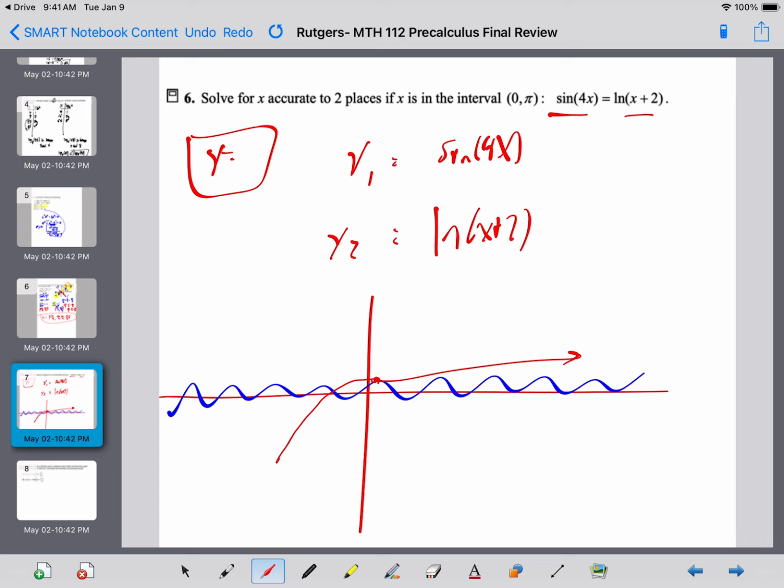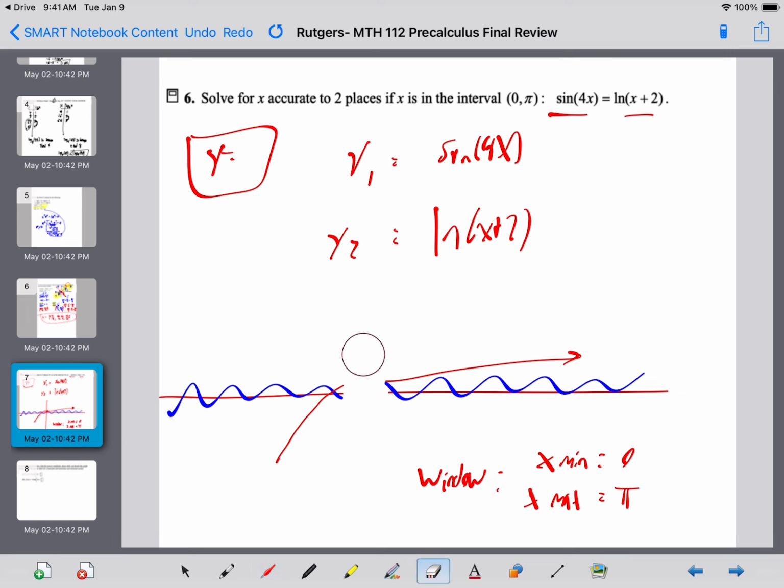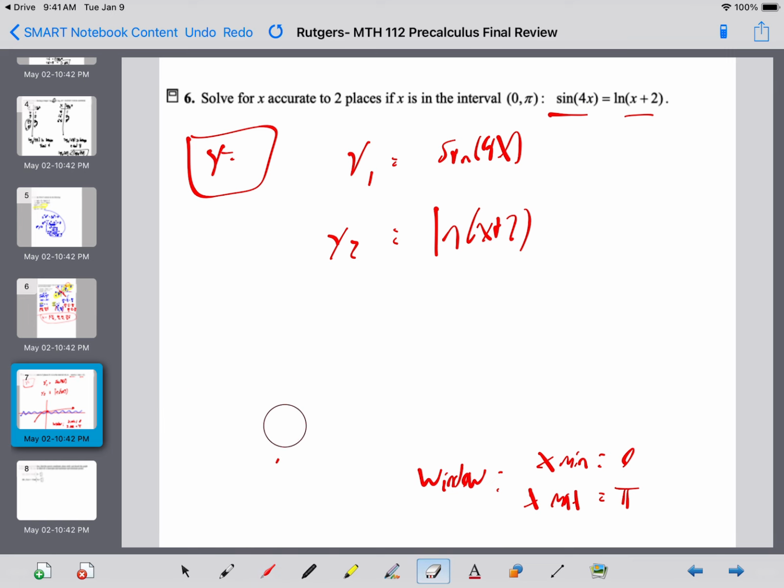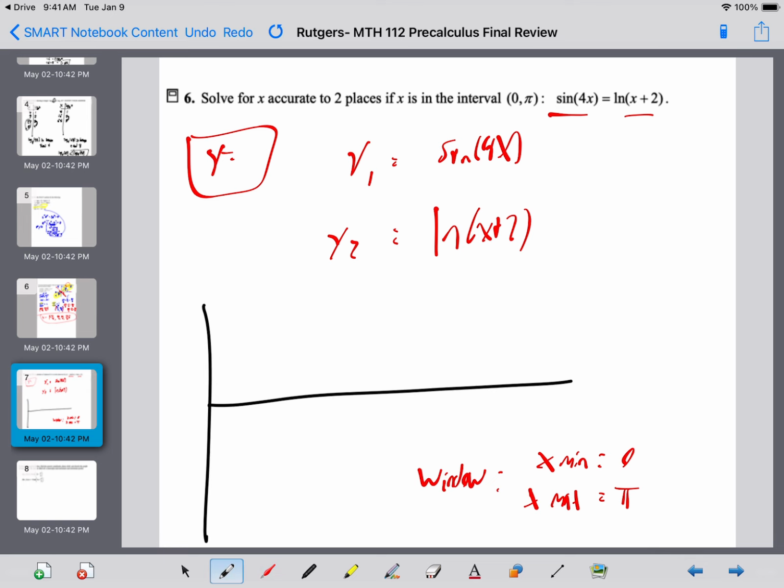So what I'm going to do, I'm going to go to window, and make my x min 0 and my x max pi. 0, pi. I'm going to graph that. So now what I see is something that looks like this.